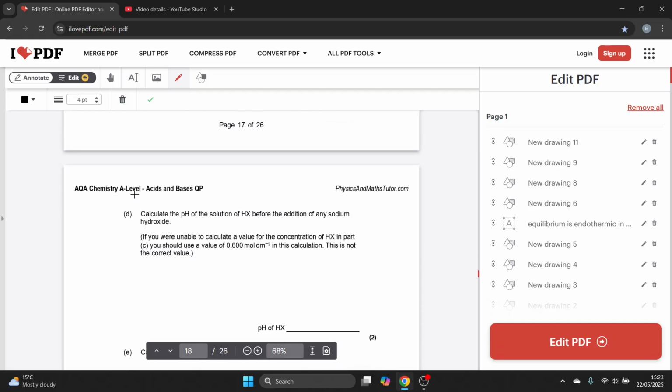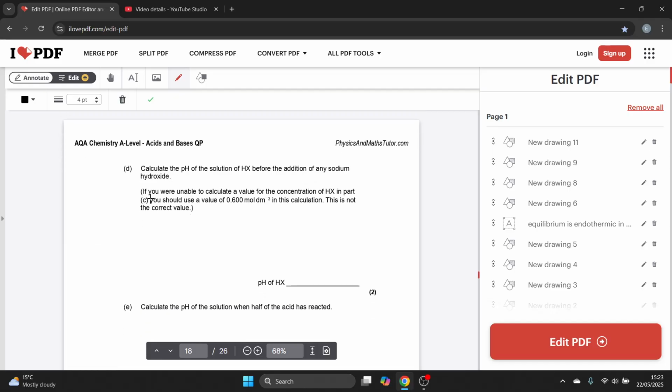Part D. It wants me to calculate pH. So in order to calculate pH, I need the concentration of H plus ions. Ka, it says before the addition of any sodium hydroxide.